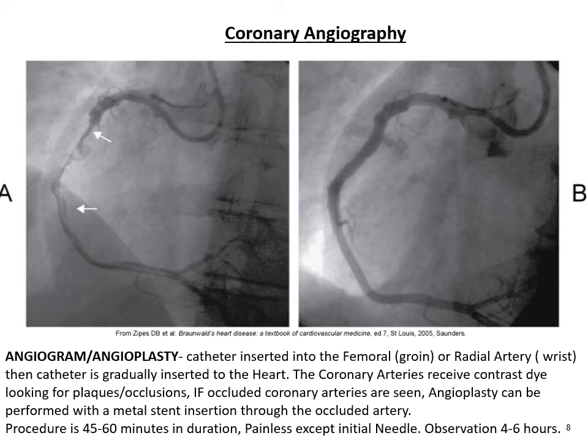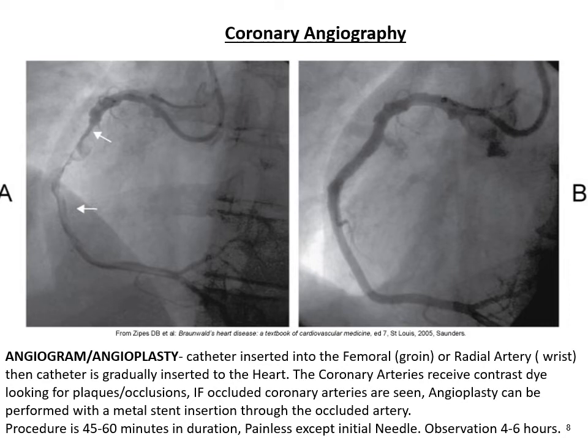And this is after angioplasty and stent. Look at the flow now. There's full flow through that coronary artery. So it can be very effective for angioplasty and stent insertion.